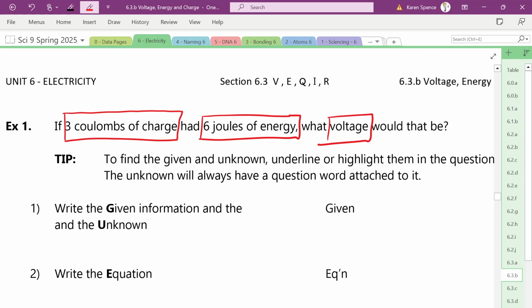So let's write down our given quantity. The quantity is charge, which is Q. The quantity is energy, which is E. And our unknown quantity is voltage, V.